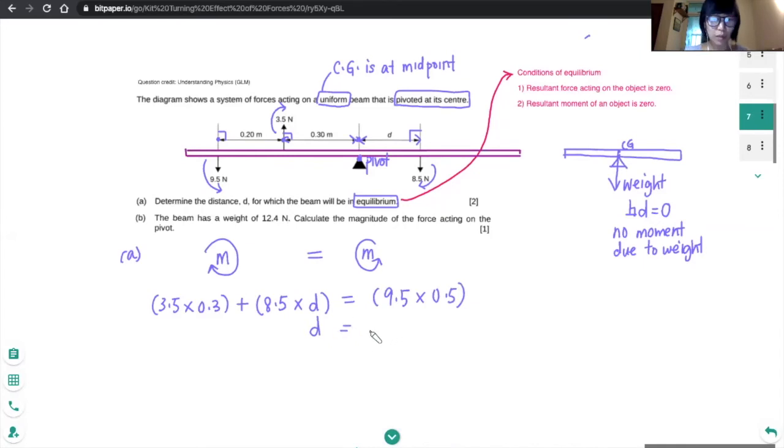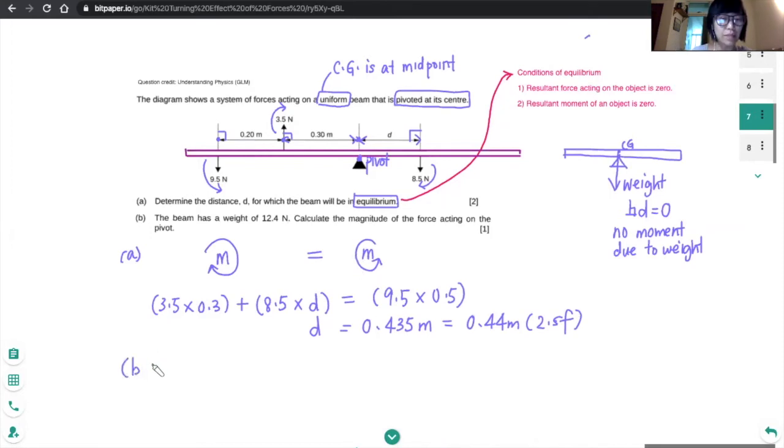So when you use your mathematics, you will get d equals 0.435 meters. This is in 3 SF. Alternatively, you could also leave your answer to 2 SF, which is 0.44 meters. This is just a matter of presentation, because you notice that the question says 0.20 meters, which means 2 SF sounds like a good idea too.